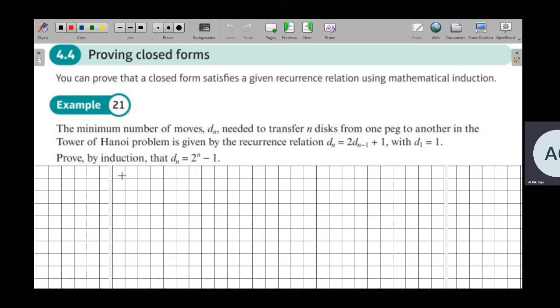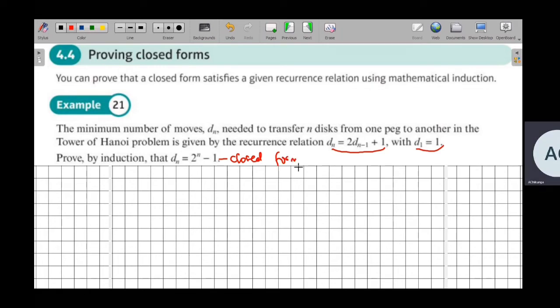Let us look at this question. I'm sure you can write it down. We are told that the minimum number of moves d_n needed to transfer n disks from one peg to another in the Tower of Hanoi problem is given by this. So no need to understand the problem itself, because everything is already given. We just want to solve the problem. So this is the recurrence relationship, and this is the initial condition. We need to prove that this closed form is a solution.